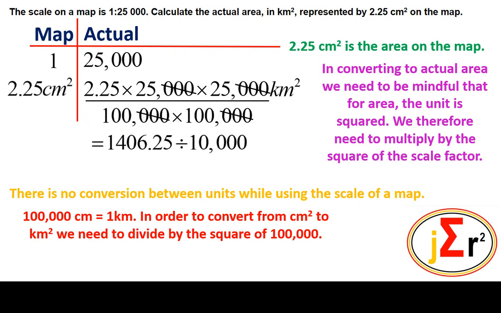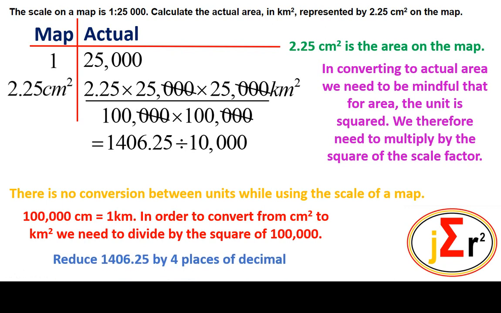Consequently, the area will be all of this, 2.25 times 25 times 25. And of course, we will divide by 100 times 100. 100 times 100 is equal to 10,000. We will be dividing by 10,000 as a consequence.